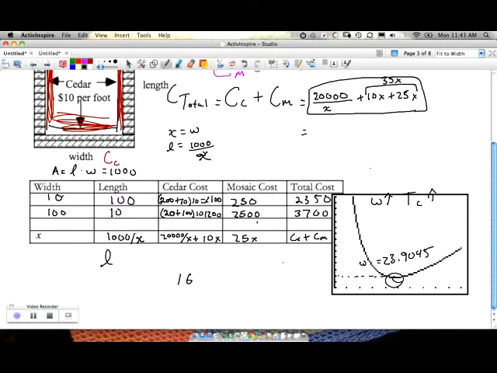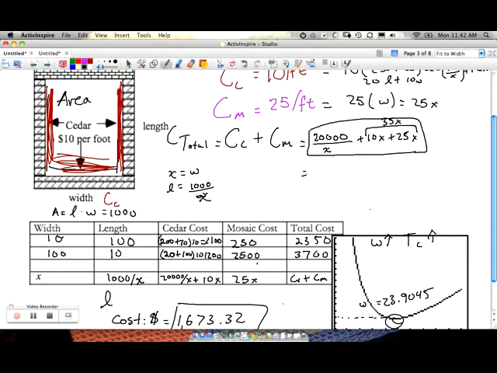So we have to spend 1673.32. This is the cost. The money equals $1,673.32. That's the lowest we can get. And the width is about 23 feet for that. Okay, let's look at another one.